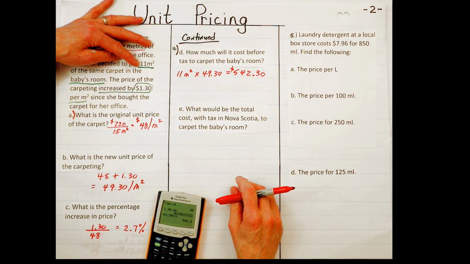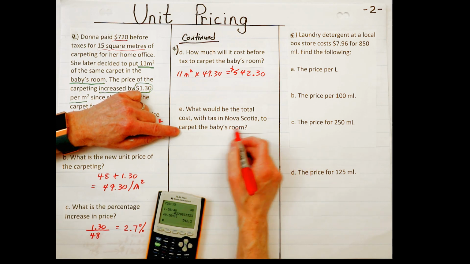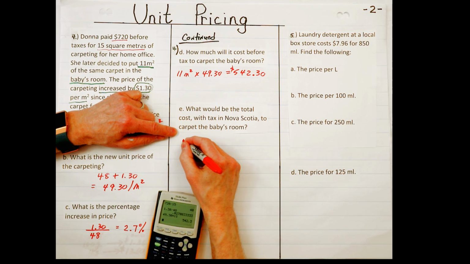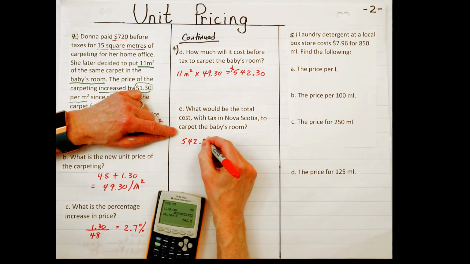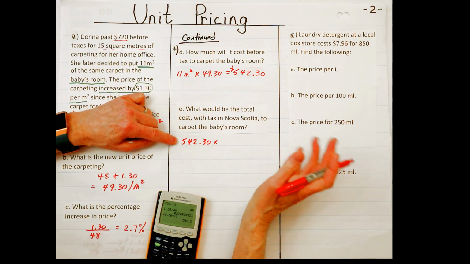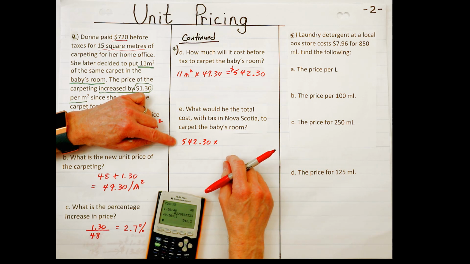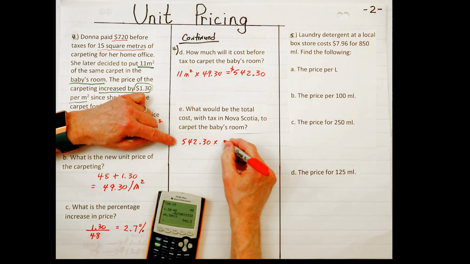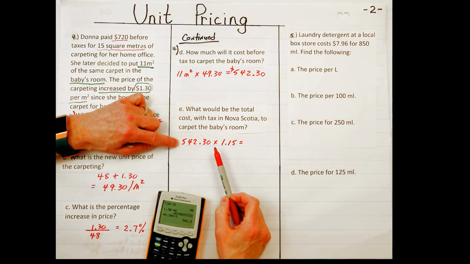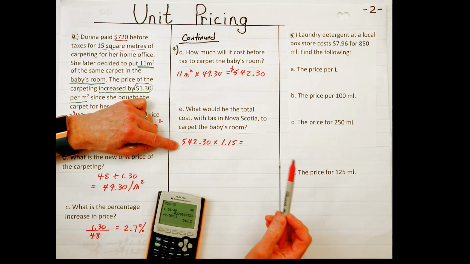That's really straightforward, isn't it? What would be the total cost with tax in Nova Scotia to carpet the baby's room? Well, this would be our starting point, $542.30. Now, if I multiply by decimal 0.15, it's just going to give me the tax. But if I multiply by 1.15, it will give me $542.30 plus the tax.